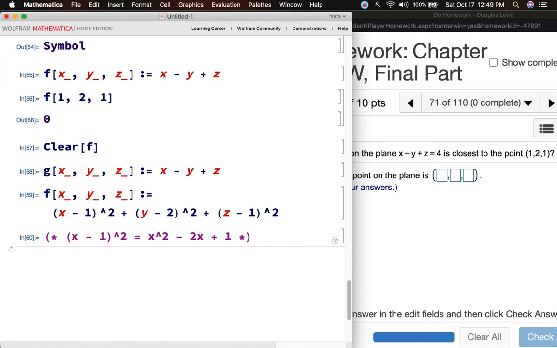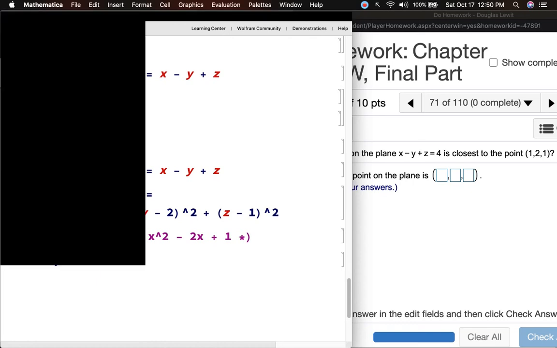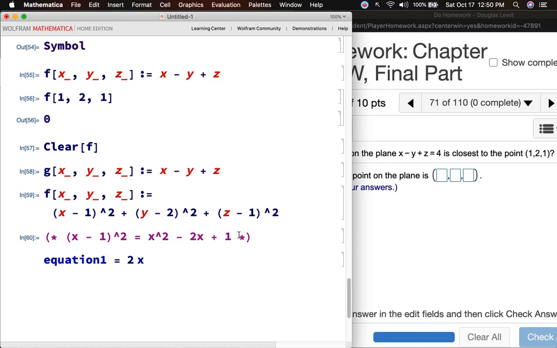So what is the derivative of x squared minus 2x? It's going to be 2x minus 2. I'm sorry, did I say 2x minus 1? So the derivative of x squared minus 2x plus 1 is 2x minus 2.